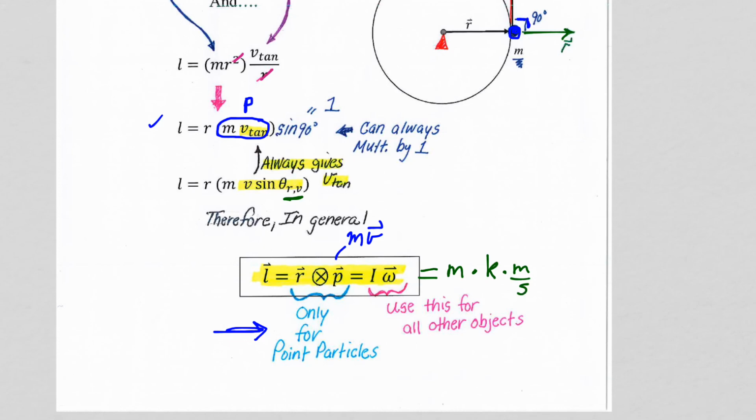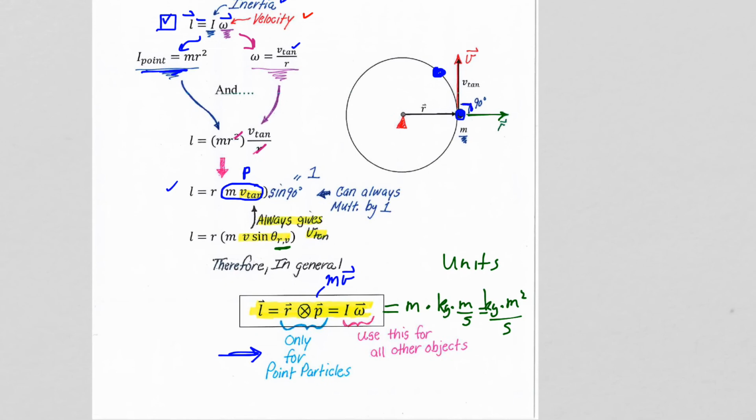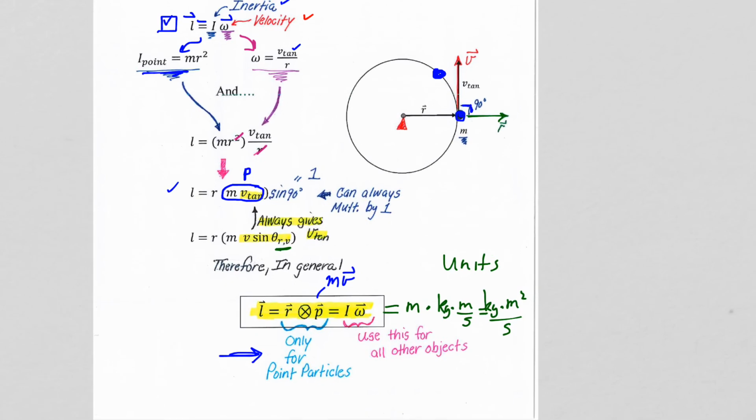So our units for angular momentum is going to be kilograms meters squared per second. So just like we talked about momentum units, we'll be talking about angular momentum, really in terms of just an angular momentum unit without always going kilograms meters squared per second. But we do have to, of course, be consistent.